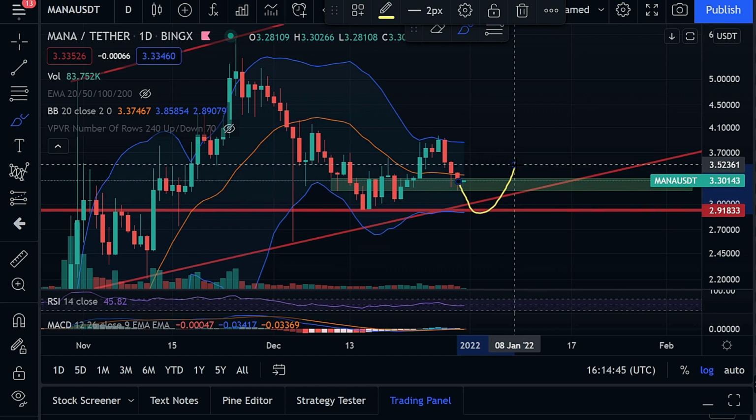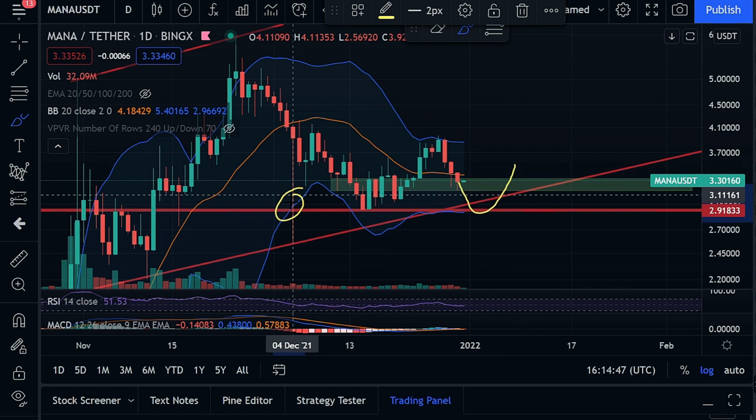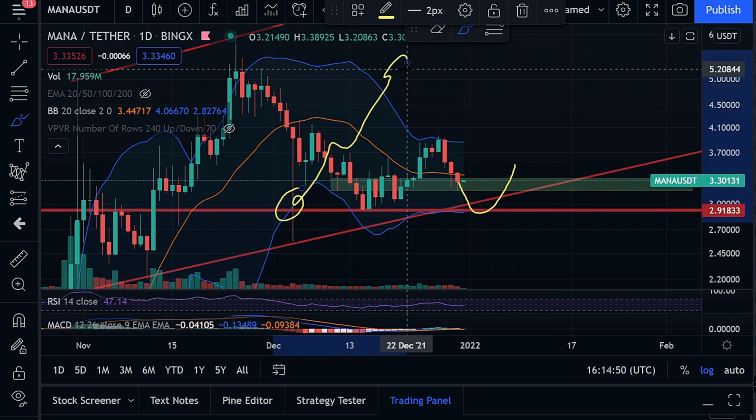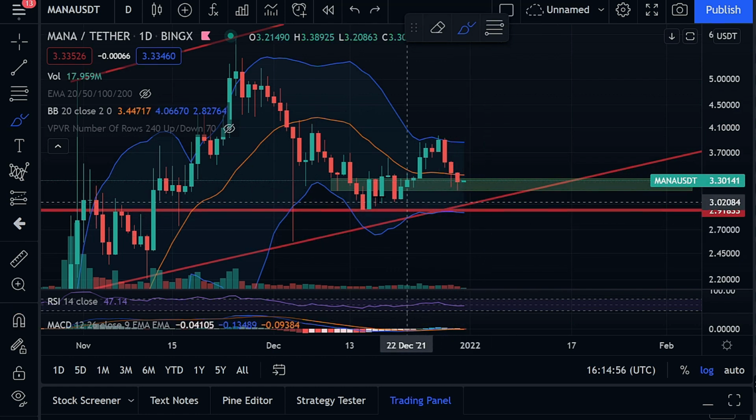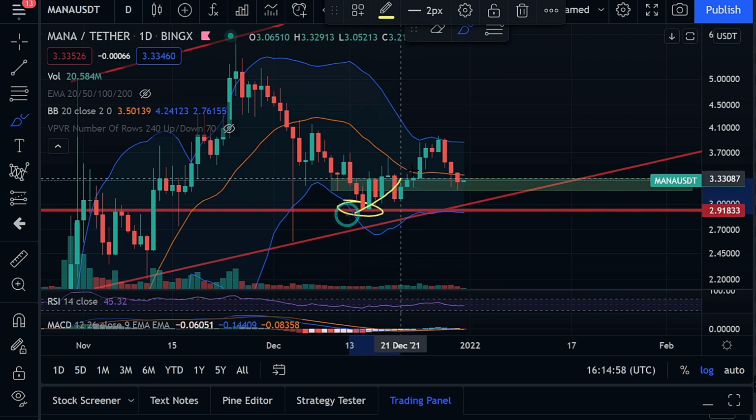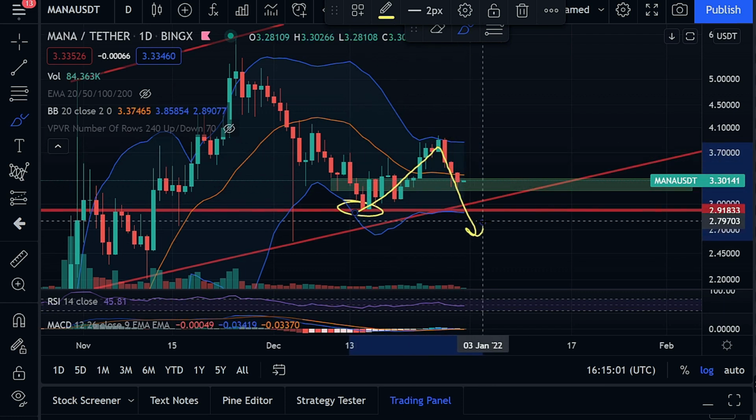Now, typically speaking, that's not a bad thing, because we need to see those touches before we can see those continuations. But the issue is that if we are to come back down and touch the bottom side of this Bollinger Band envelope, it may entail that we're setting a new macro low on the daily charts, which has extremely bearish implications.